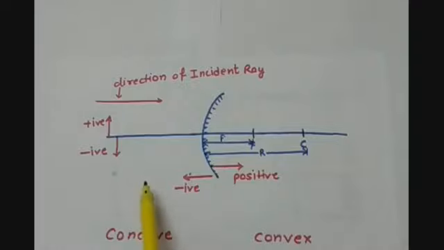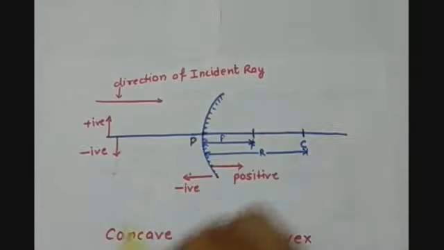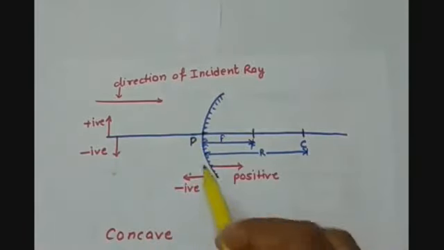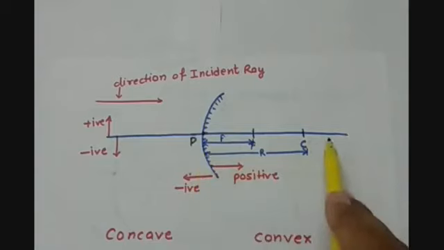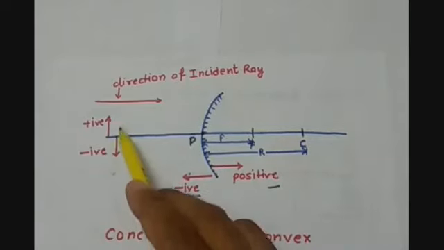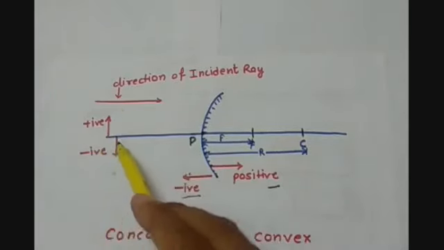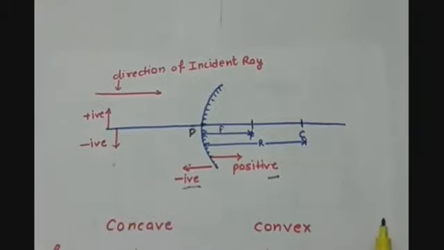The same rule applies that all the distances will be measured from the pole. All the distances measured from the pole in the direction of the incident ray will be positive, and against the direction of the incident ray will be negative. All the heights will be taken as positive and all the depths will be taken as negative values.